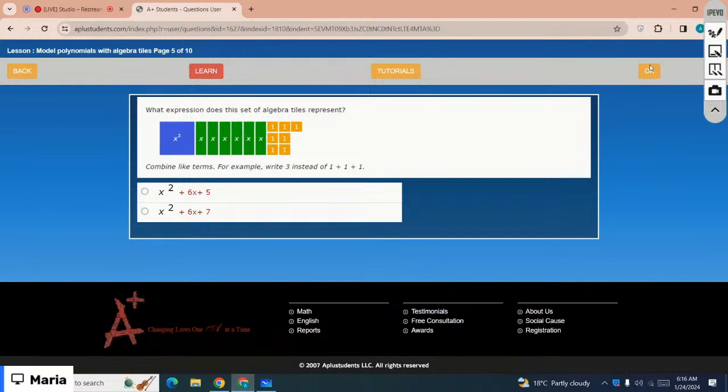What expression does this set of algebra tiles represent? So, which is the correct option?